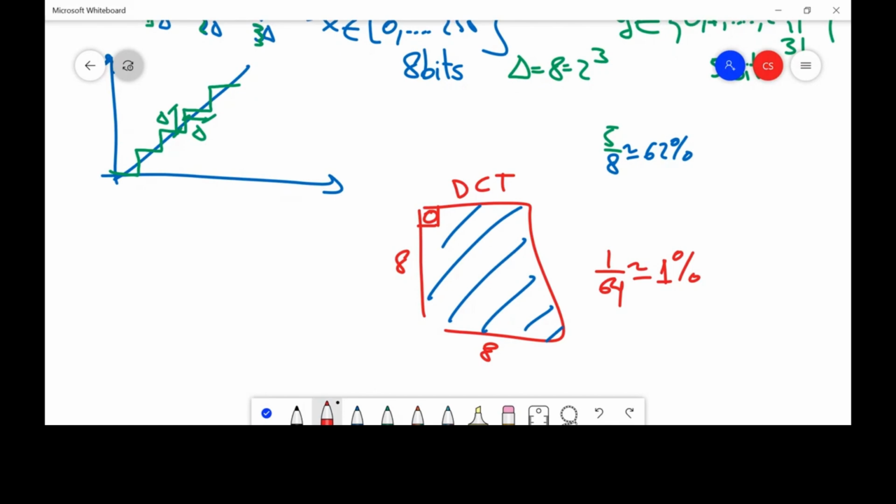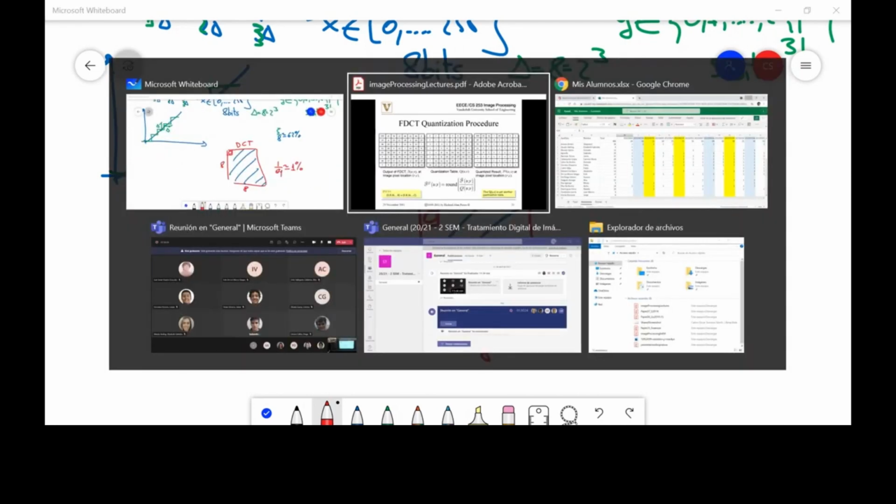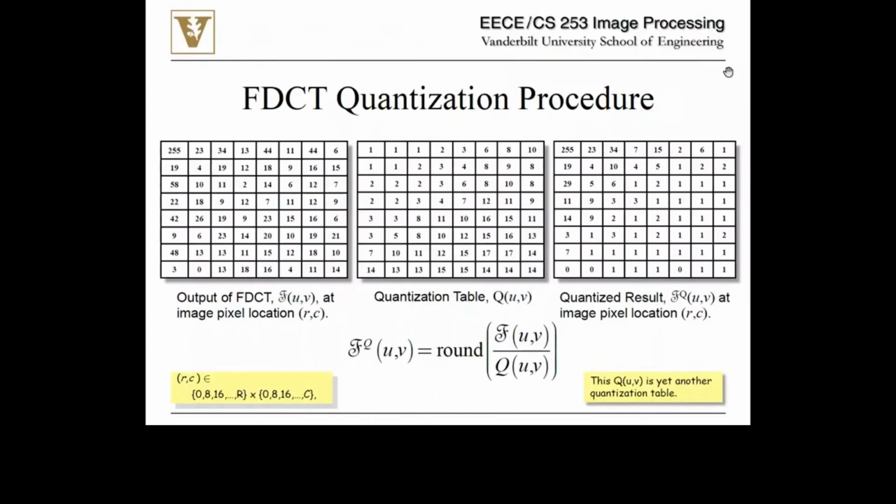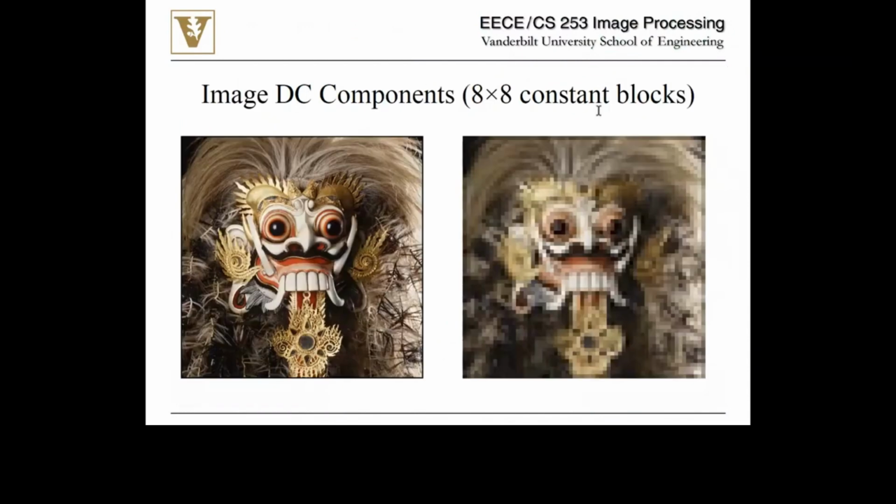This is 1% of my original data. So with only 1% of my original data, I try to recover the image, and this is what I get. It is not a good image, but it is not a total disaster. And I'm keeping just one coefficient per patch.